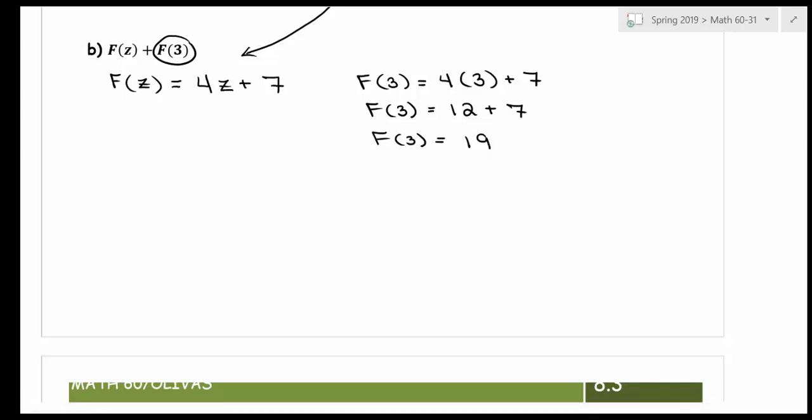Now that I know what f of 3 is, I can add f of z plus f of 3. So I'm going to write here f of z plus f of 3 is equal to, I'm going to copy f of z first.